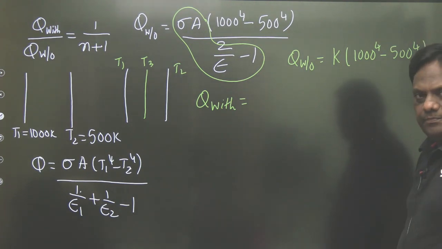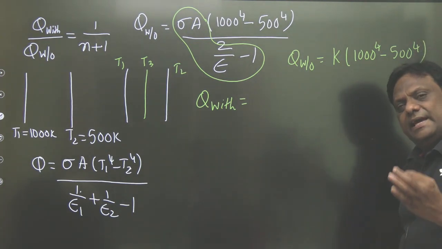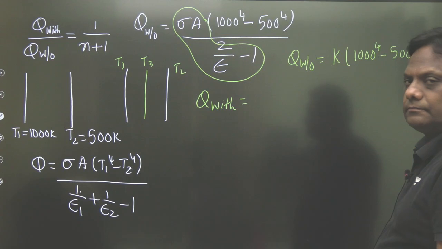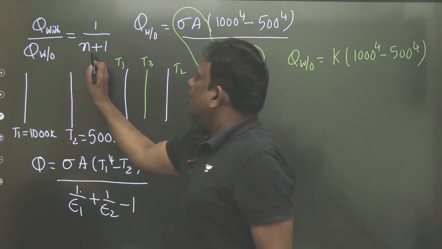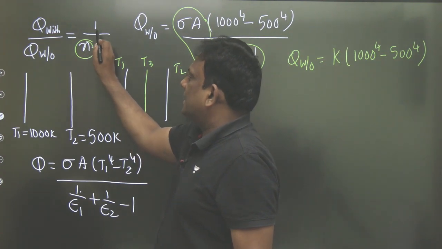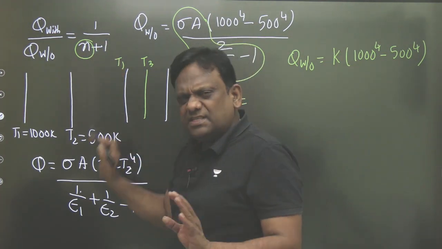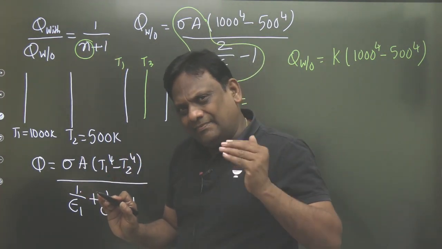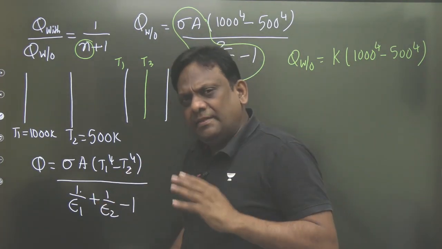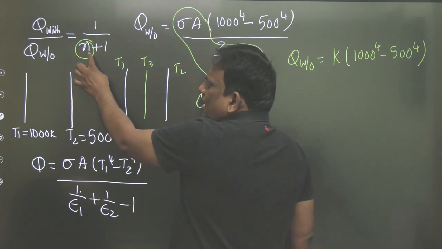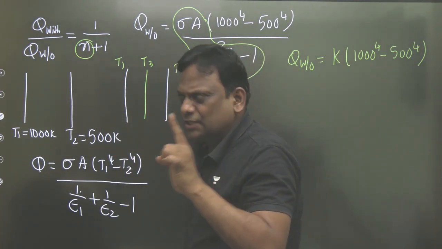Let us take one shield. What will be the heat transfer if I take one shield? First, I'll do it by trial and error, then I will give you the logic.